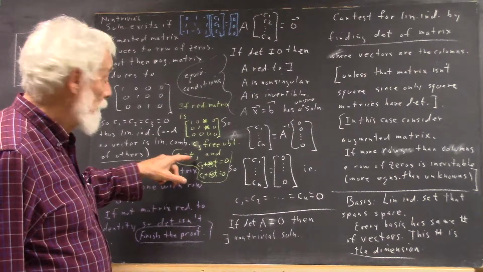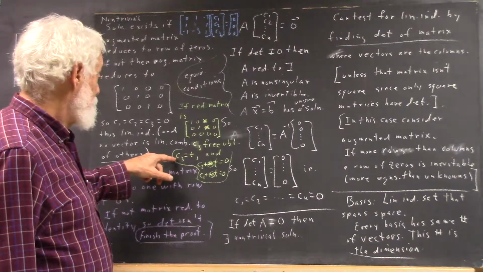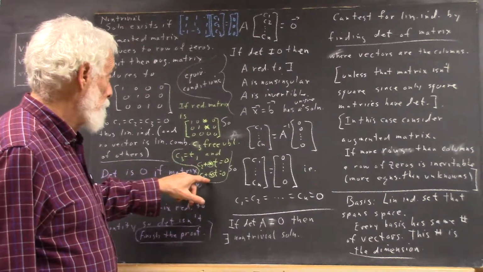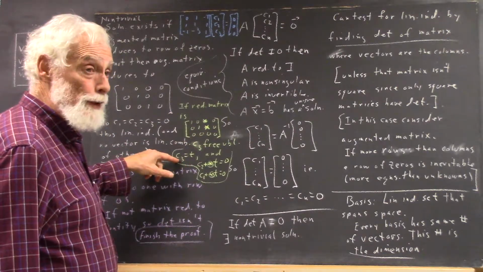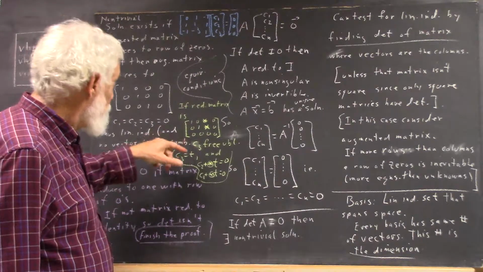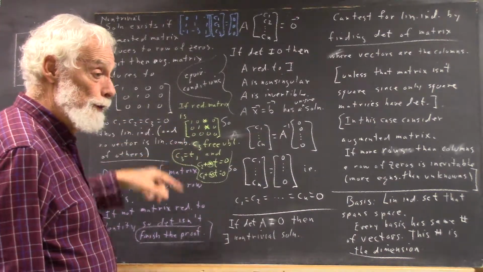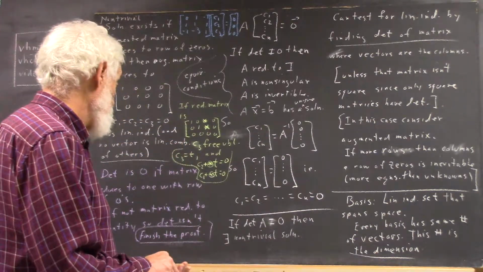If T isn't 0, then C3 isn't 0. And it turns out that neither is C2 or C1, unless you happen to have zeros here. But the point is that C3 is non-zero, so this gives you a non-trivial solution, so it's not linearly independent.